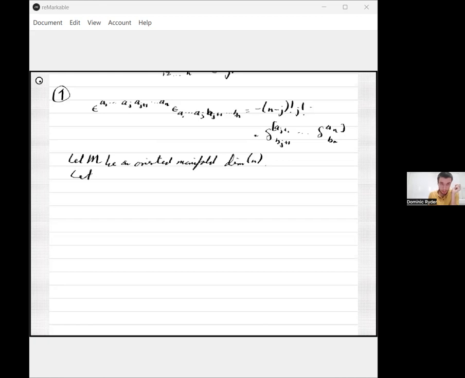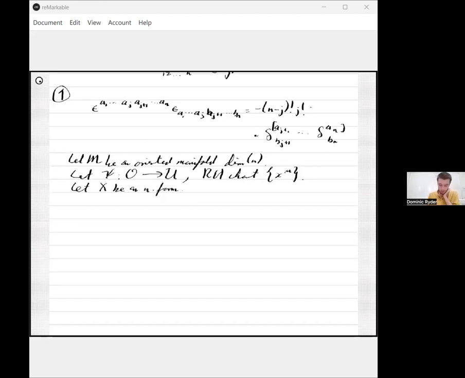And let psi be a map from some region of M into U, which is a right-handed coordinate chart given by the coordinates x mu, sorry, and let chi be an n form.